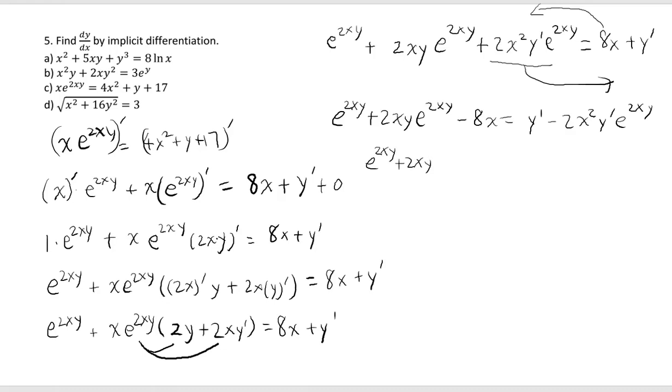As usual, we factor the y prime on the right side. So I'm going to factor the y prime, which gives you 1 minus 2x squared e to the 2xy.